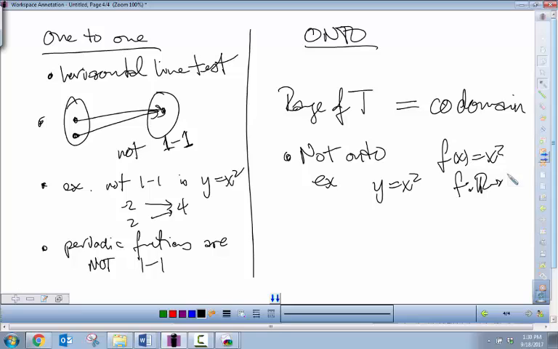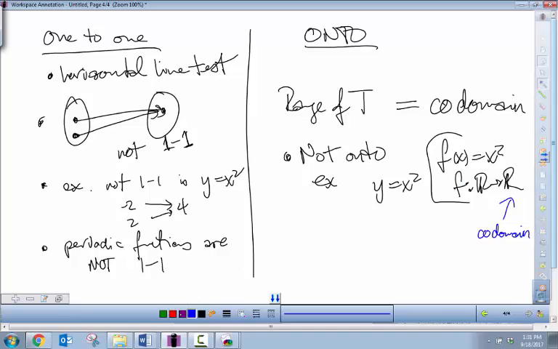So the range, if we define the function f of x as the function that takes real numbers and sends it to real numbers, it's going from R to R, right? So all the stuff that we studied are functions that go from R to R. So the codomain of this function is all the real numbers.